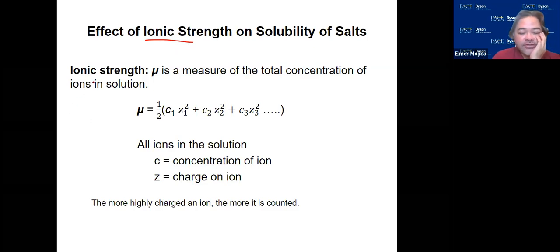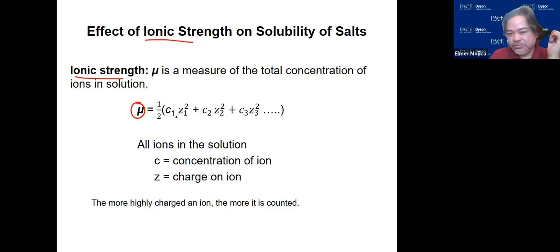So to formally introduce what is ionic strength, ionic strength, which has the symbol mu, is a measure of the total concentration of ions in solution. And if you look at the formula, ionic strength is equal to 1/2 of the sum of the concentration of each ion times, what is C?